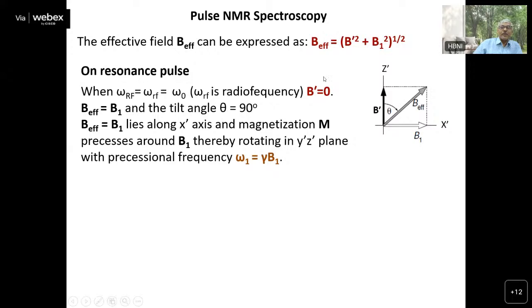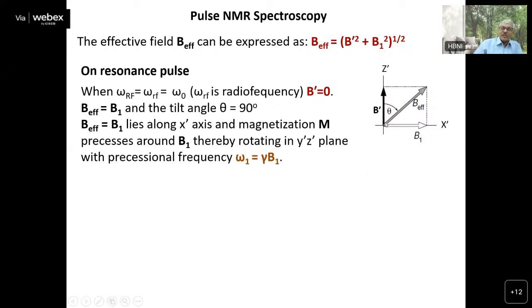If that happens, then your B prime is equal to 0, and only your effective field is B1. Under this on resonance pulse, the effective field is equal to B1, and it will lie along the X prime axis.